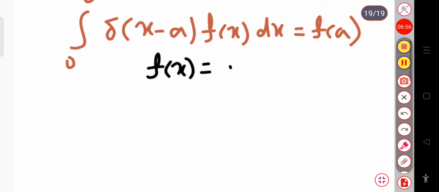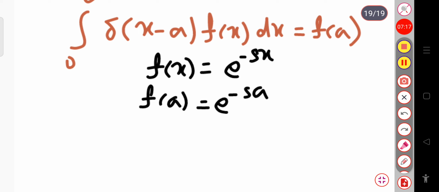So since f of x equals exponential minus sx, and here we want to calculate for the point a, because this is delta of x minus a, now this f of a will be equal to exponential minus sa.